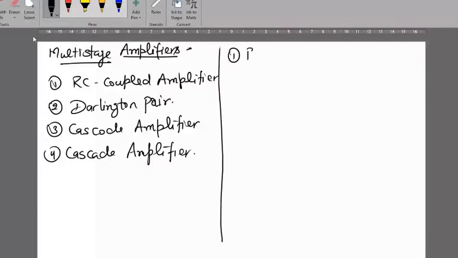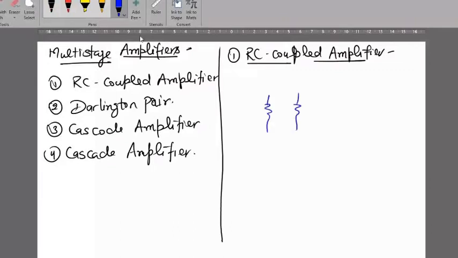First, I'll discuss the RC coupled amplifier. Which kind of biasing is this?